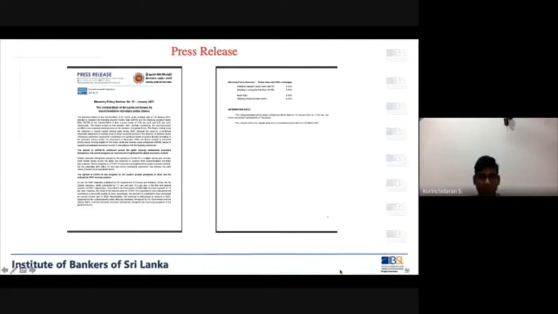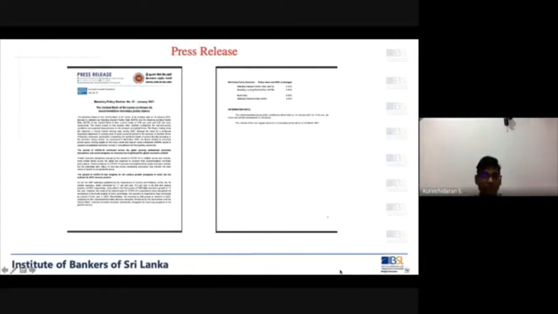So in this, you can see the title gives a whole lot of meaning, right? Central Bank of Sri Lanka continues its accommodative monetary policy stance. That means the central bank's monetary policy is already accommodative, right? You could remember earlier, like I told you, the monetary policy can be contractionary monetary policy or expansionary monetary policy, easing monetary policy.